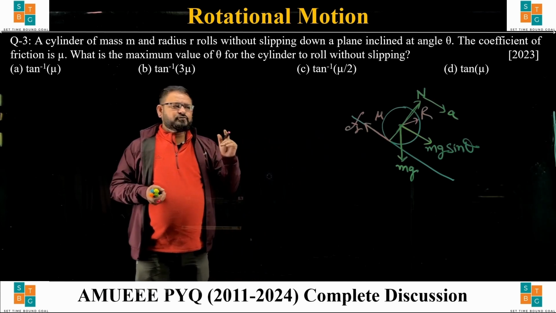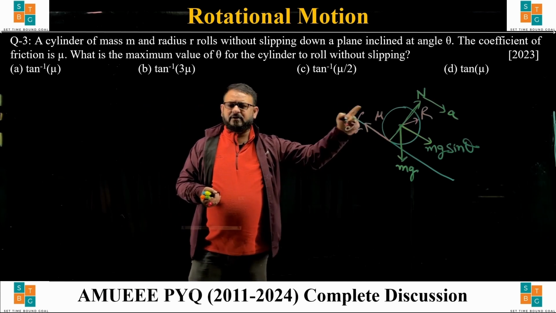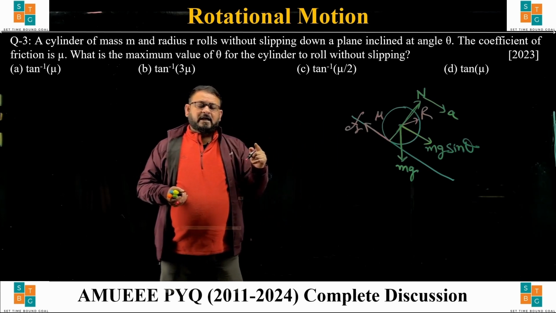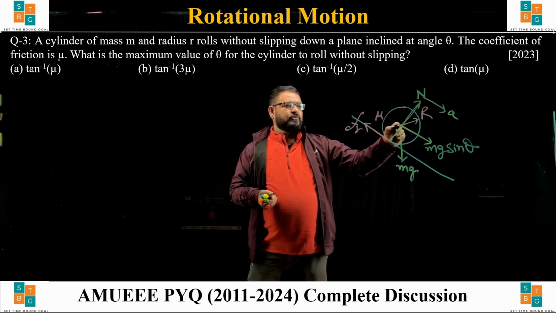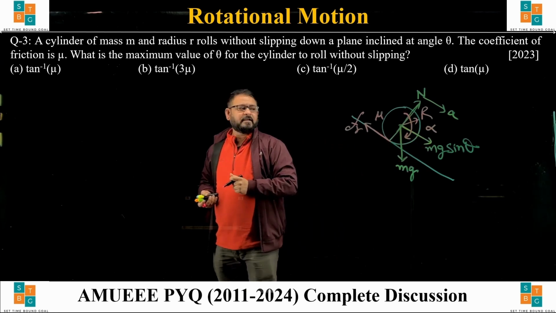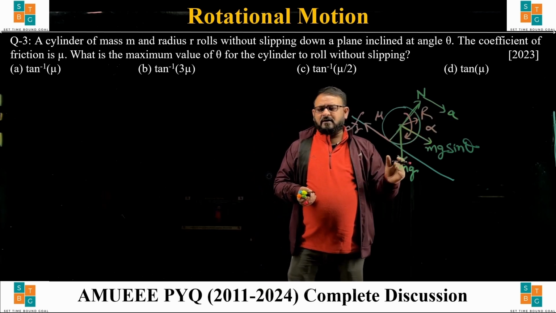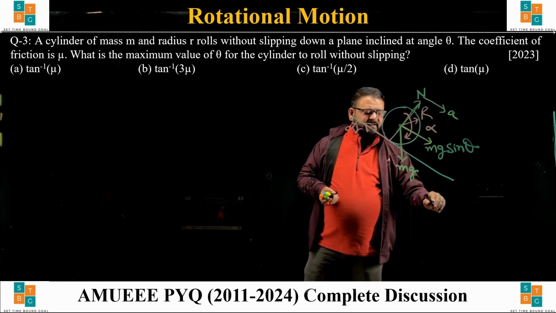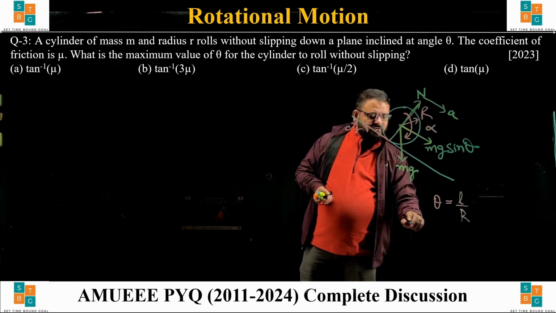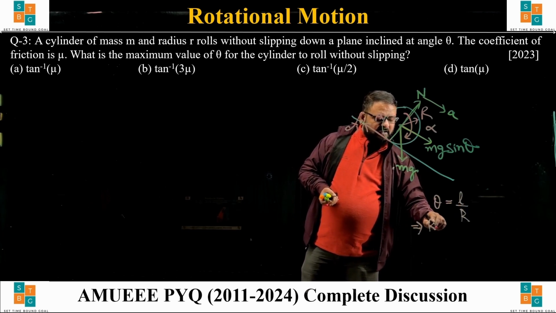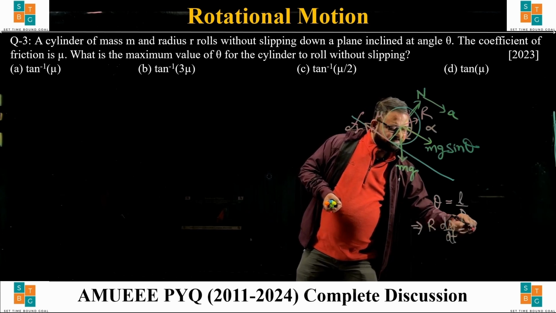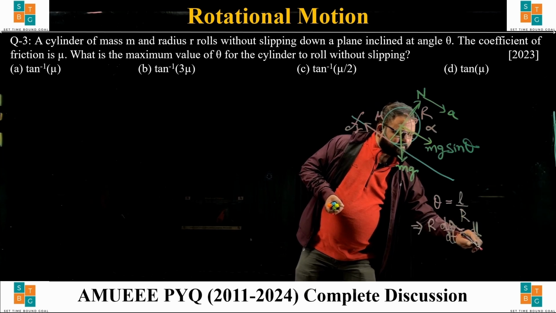Now we have to make two conditions with this diagram, because it is translating but also rolling pure, so it will have angular acceleration alpha. Okay, now alpha and a are related because we know theta is L upon r, so we can write r d theta by dt is dL by dt, the relation.